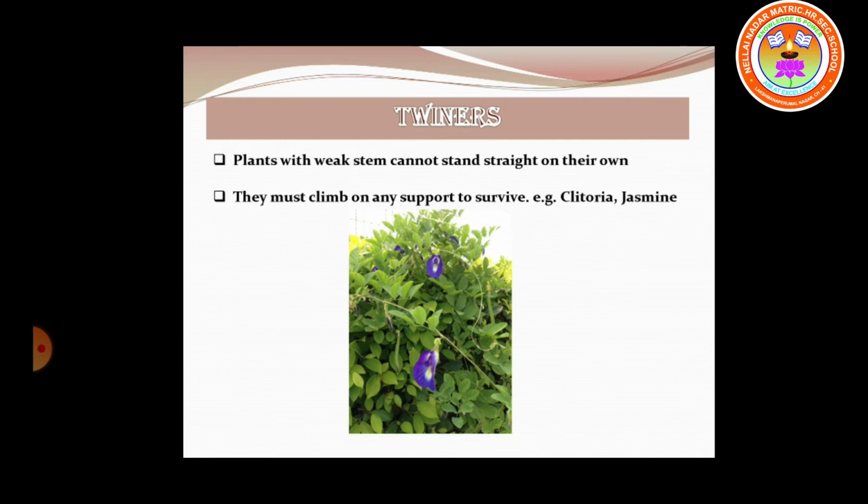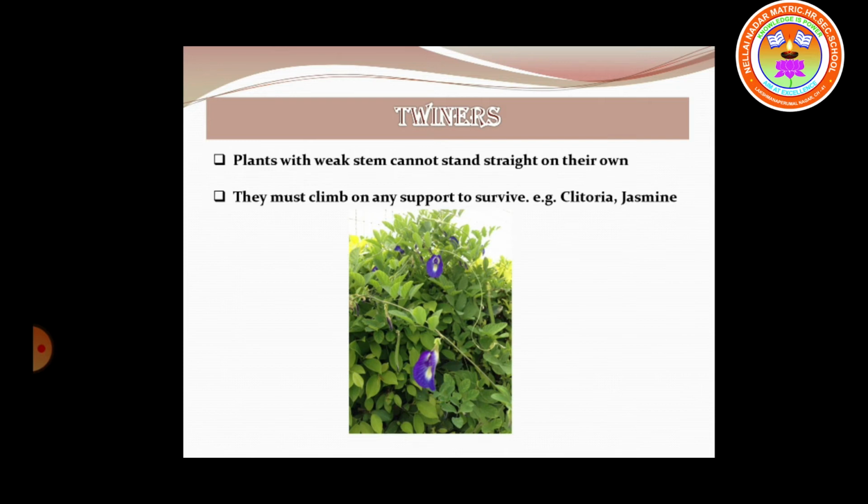That is called twiners. Here you cannot find tendrils. They grow on any support. Example: Clitoria, jasmine. Are you clear, children?